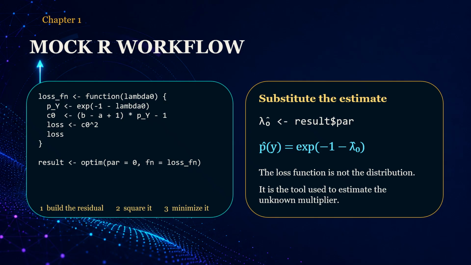We can access the output of this process, and that output is the estimate for lambda naught, and then we simply substitute that back in for our estimate for the probability of y.